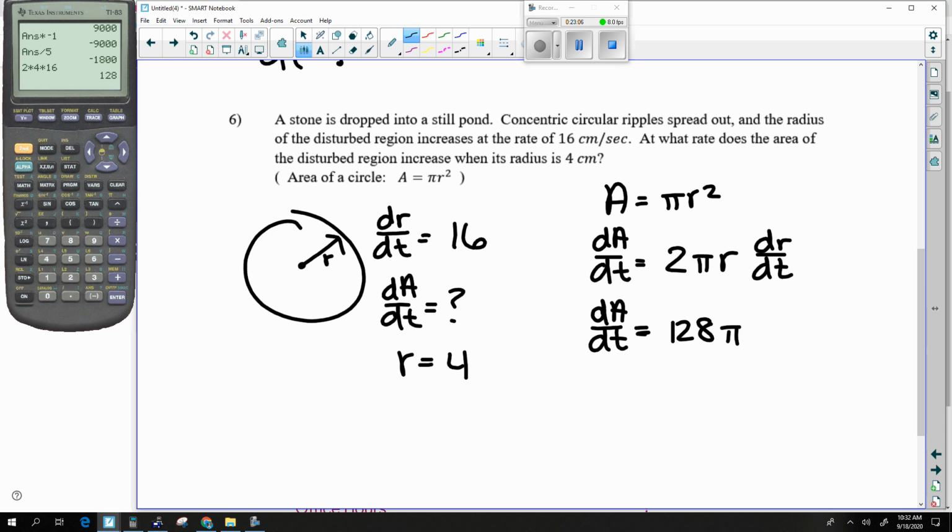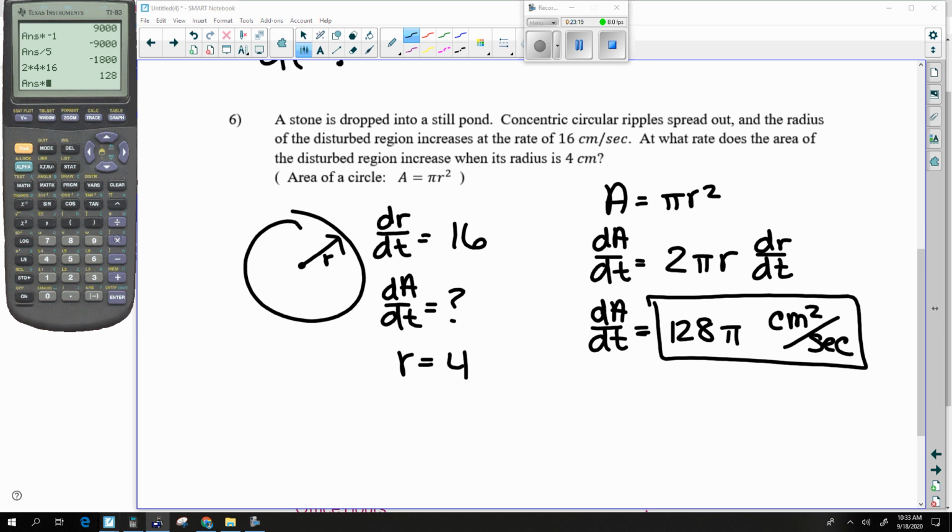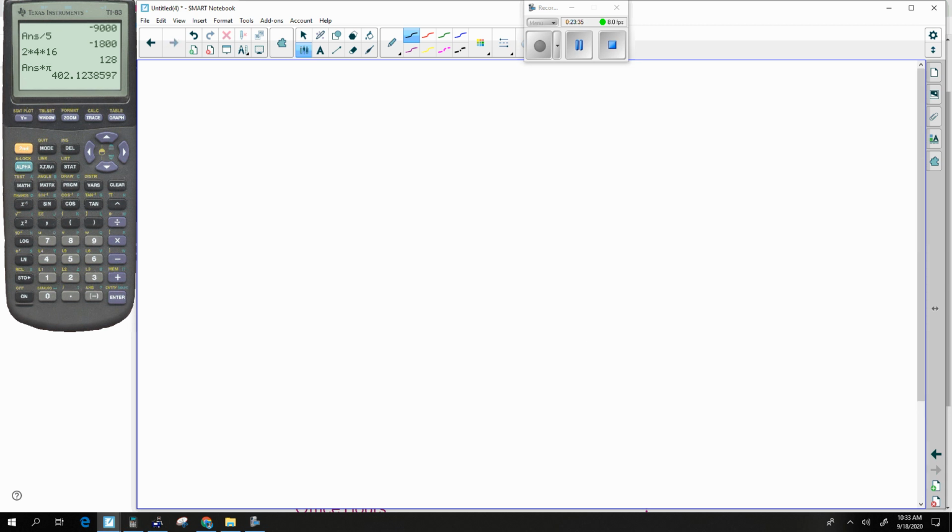The area is in centimeters squared, and the time is in seconds. That's the ball game.